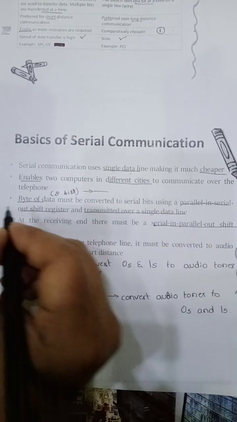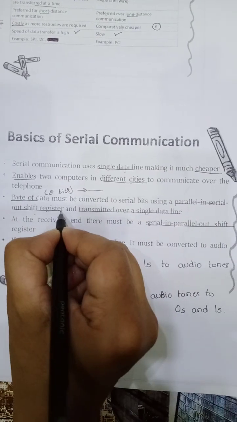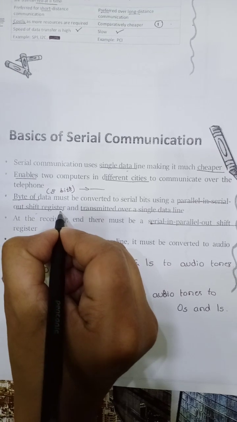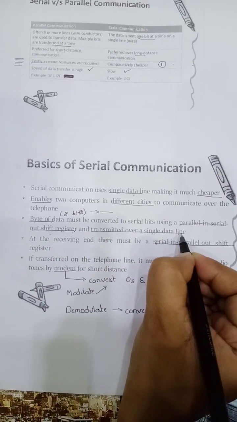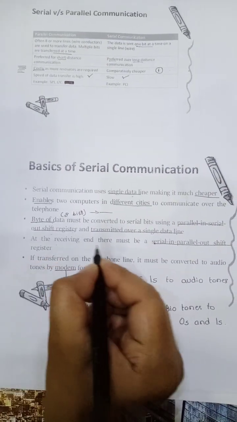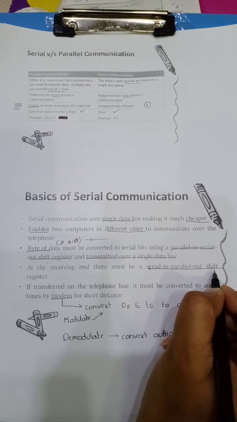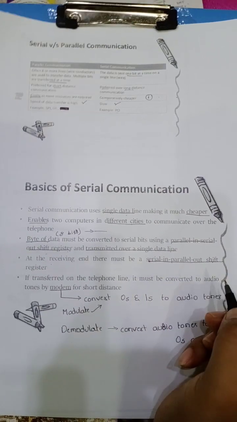At the sending point, it uses a parallel-in serial-out shift register to convert the byte of data into serial bits, and then it will be transmitted over a single data line. Similarly, at the receiving end, there will be a serial-in parallel-out shift register, which will convert the serial data into parallel, and then the data will be taken out.